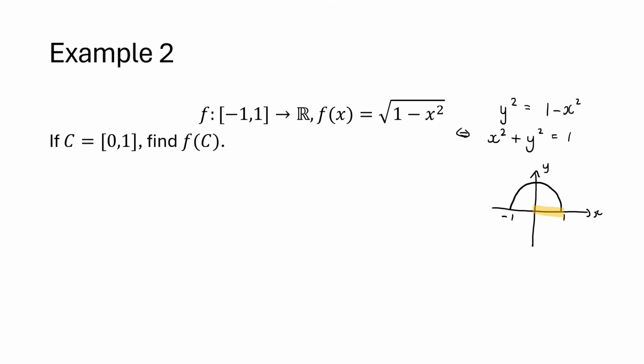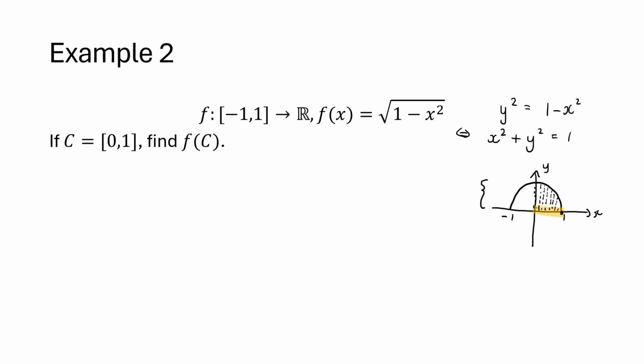Well, if x is equal to 0, it takes us all the way up to where y is equal to 1. But for all the other x values, if x increases from 0, our y value starts decreasing until we reach x equal to 1, which is an x-intercept, and so our y value there will be 0.